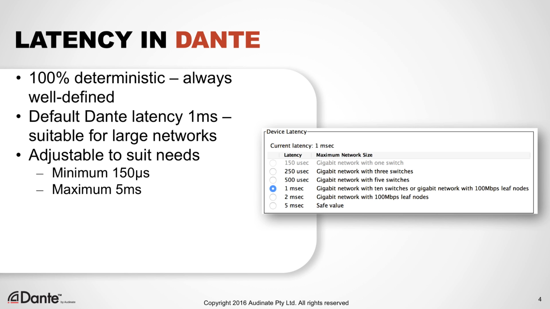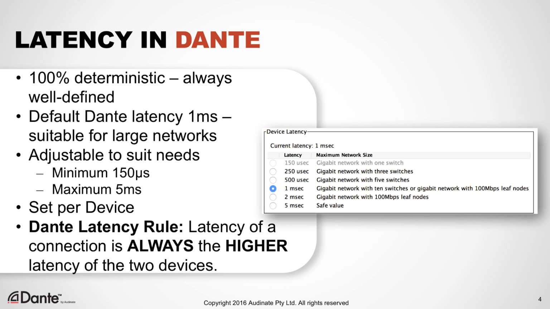The factors that affect how these settings can be used are dominated by the network structure. Remember the Dante latency rule. Latency of a connection is always the higher latency of the two devices.